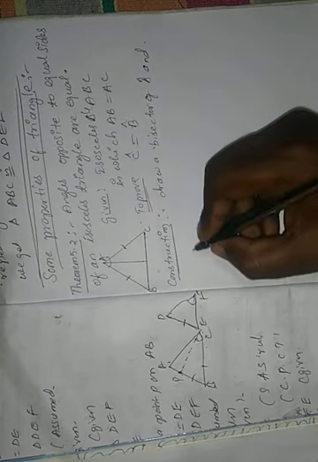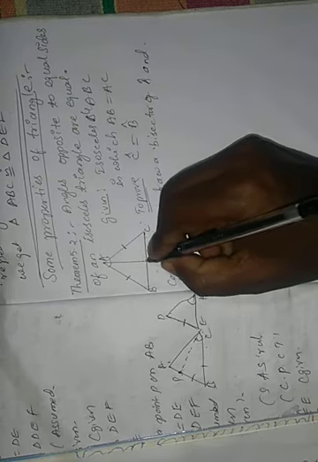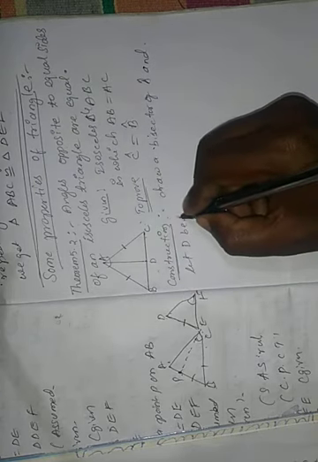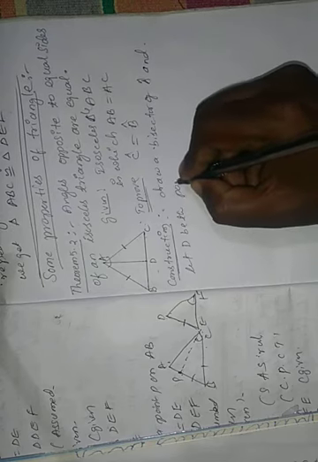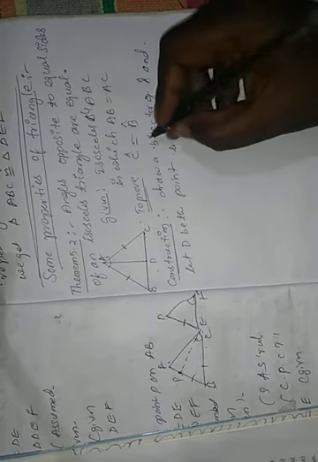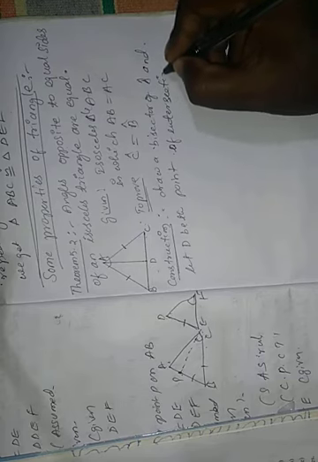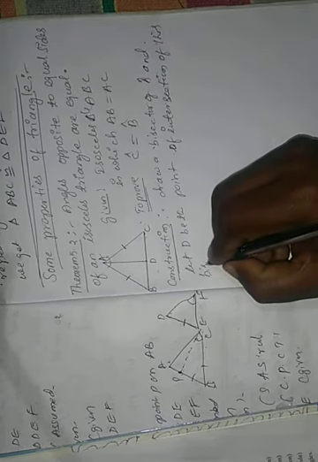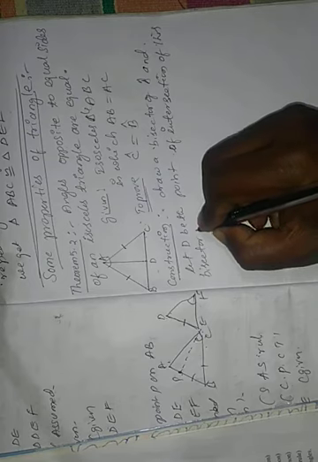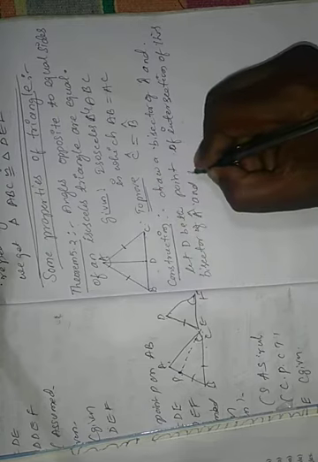Let D be the point of intersection of this bisector of angle A and the side BC.